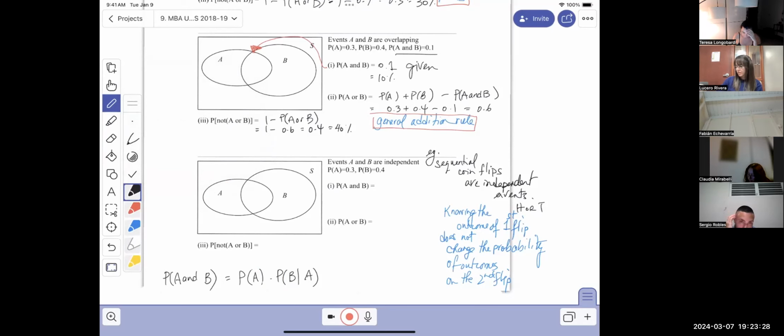So this is multiplied. What does this mean? This is the probability of A, and this says that I have to multiply it by the probability of B given A. That line there means that A already happened.